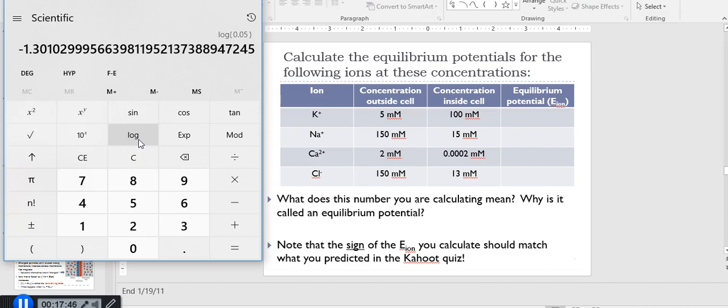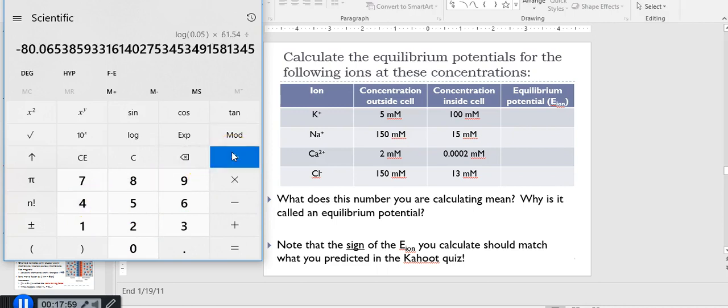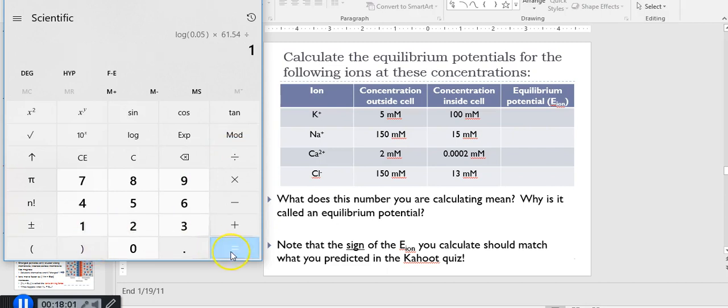Now I just take minus 1.3, multiply by 61.54, and then because I'm OCD, I divide by 1, which we all know what's going to happen if you divide by 1, but I just do it anyway. I get minus 80 millivolts. I think most of the time you can just round to the nearest millivolt and you're fine.